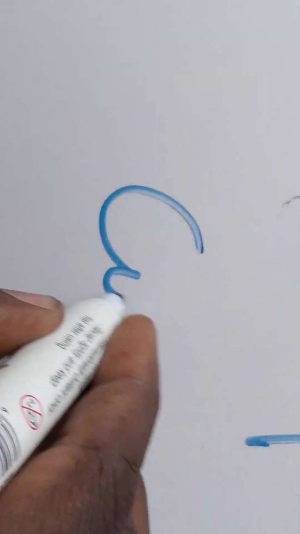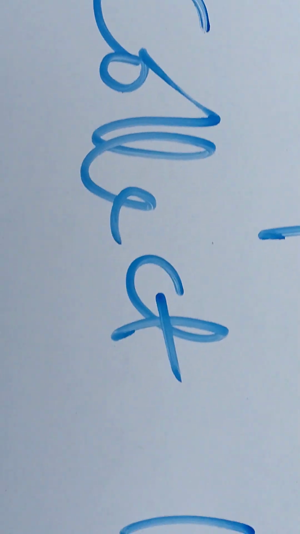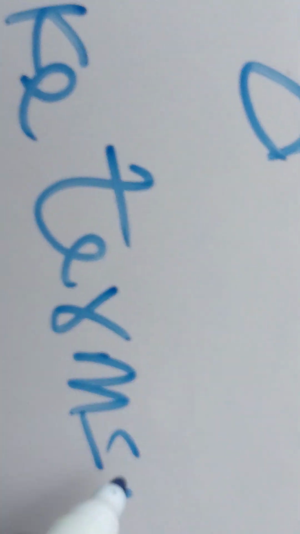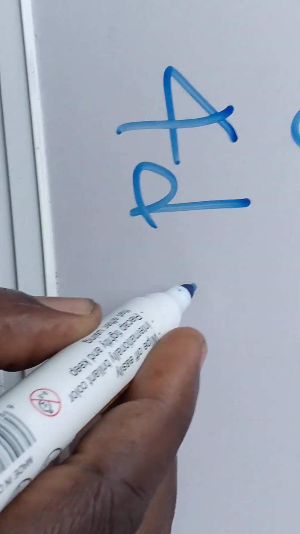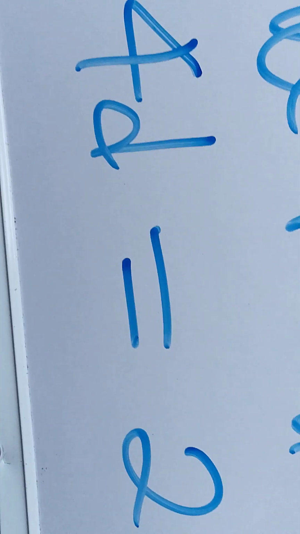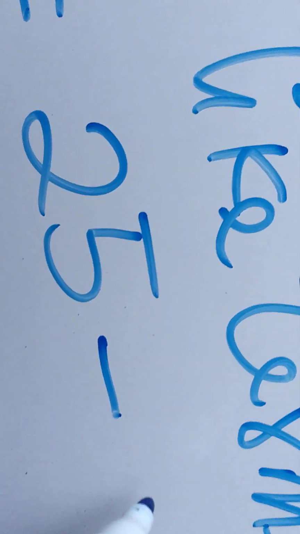By collecting like terms, I'll have 4d equals 25 minus 9.